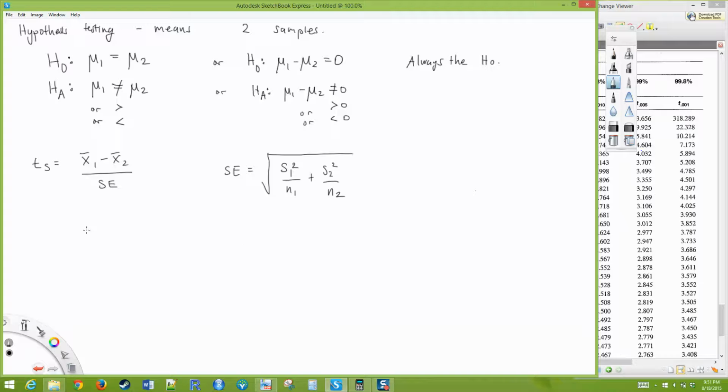You look up the test statistic in the t-table to get your p-value, done exactly the same way as you did the t-table for p-values with one sample for means. Your degrees of freedom is equal to n minus 1, using the smaller of n1 and n2.